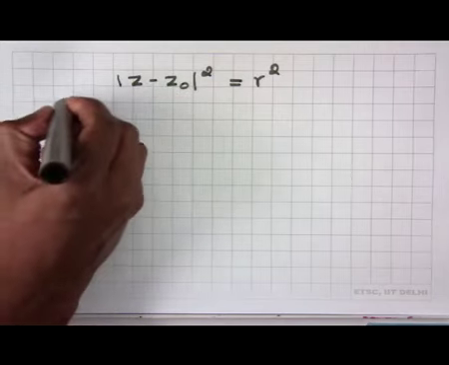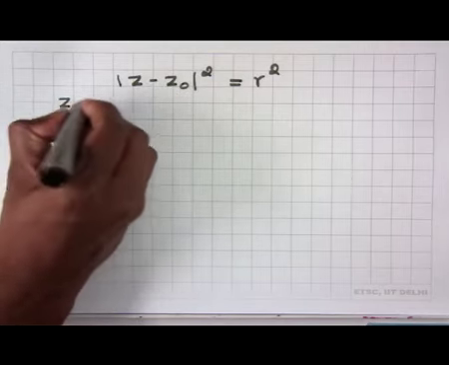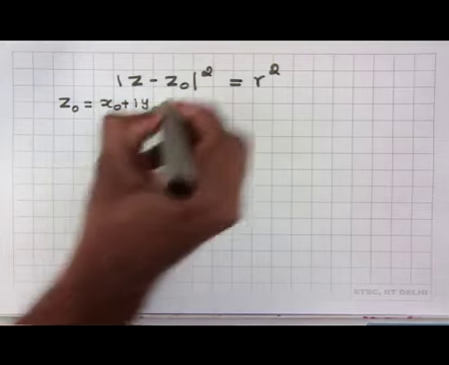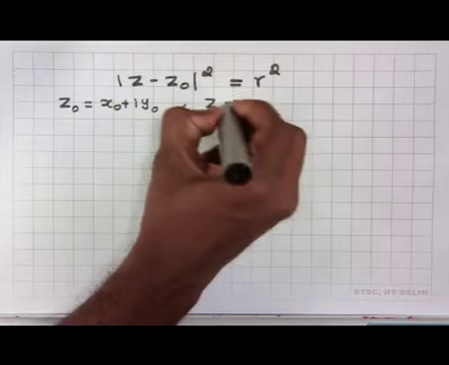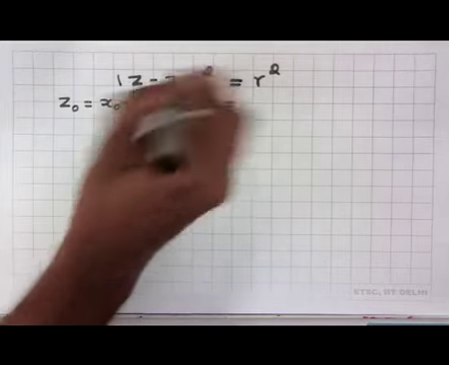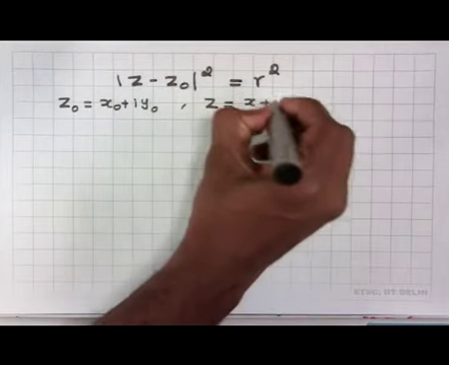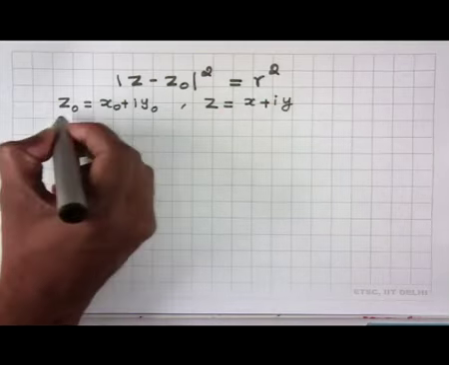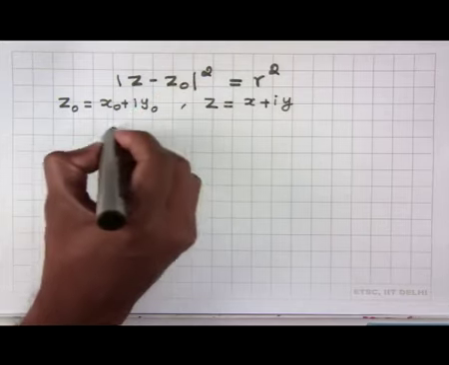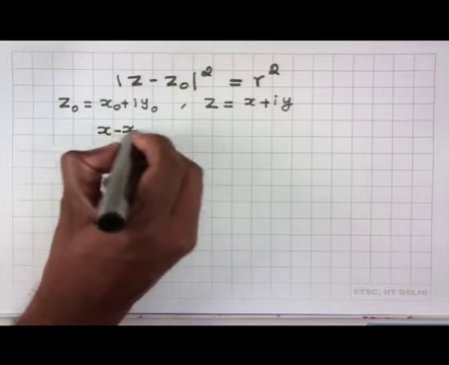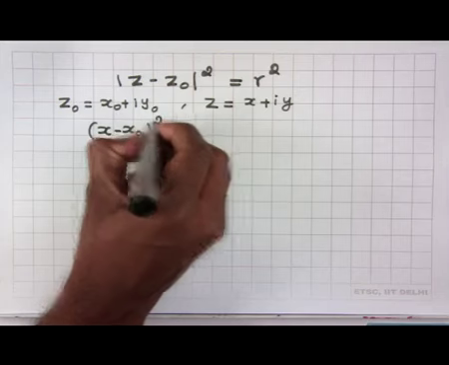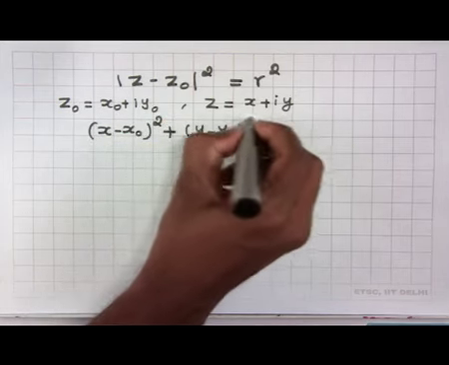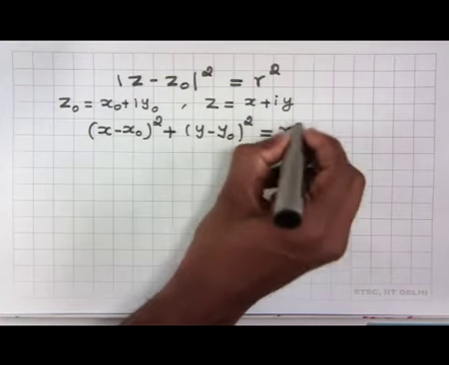With simple notation, let us say z naught is x naught plus i y naught, and let us consider the arbitrary point z satisfying this equation as x plus i y. Then modulus of z minus z naught square is given by x minus x naught the whole square plus y minus y naught the whole square equal to r square.